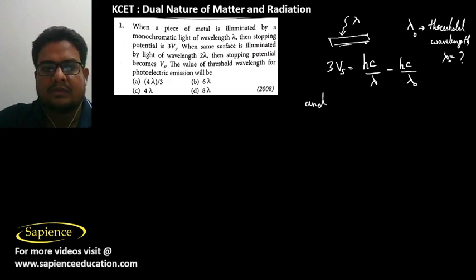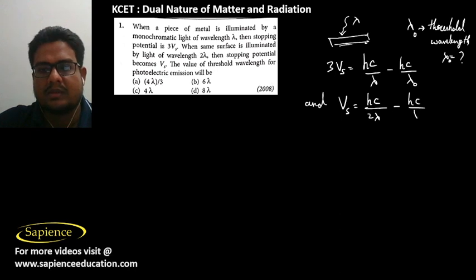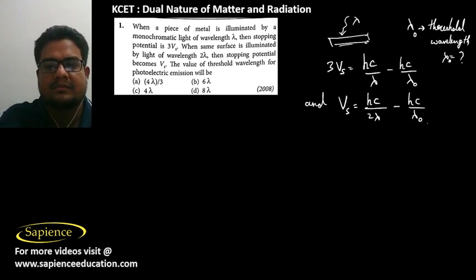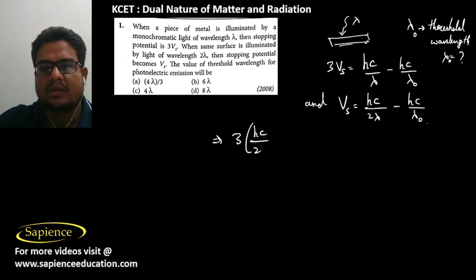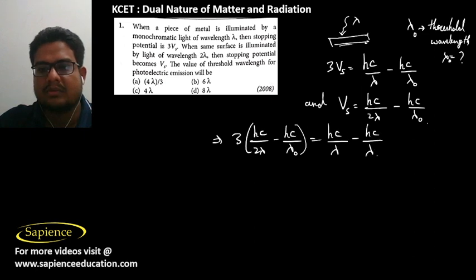And when the same surface is illuminated by light of wavelength 2 lambda, then the stopping potential is Vs. So Vs is equal to hc by 2 lambda minus hc by lambda naught. So therefore I can write that 3 times this, hc by 2 lambda minus hc by lambda naught, is equal to hc by lambda minus hc by lambda naught.